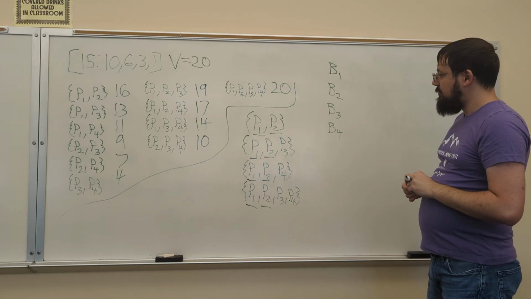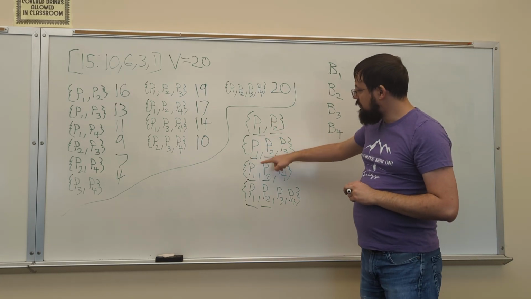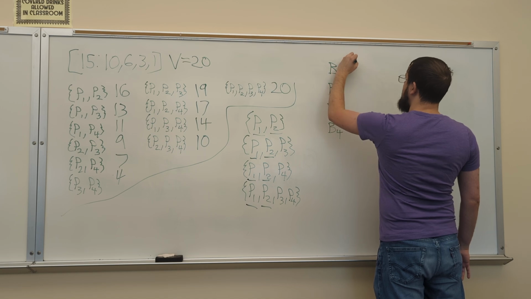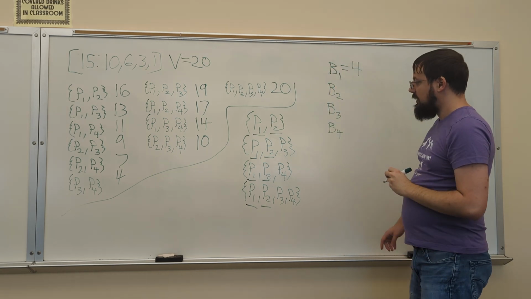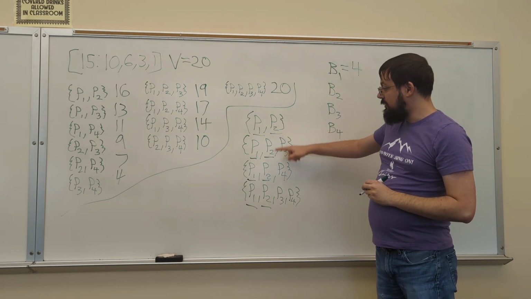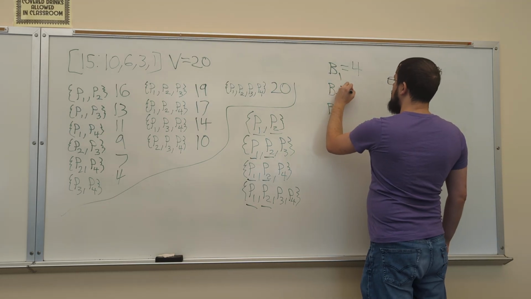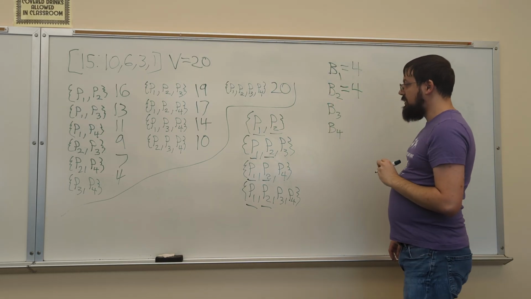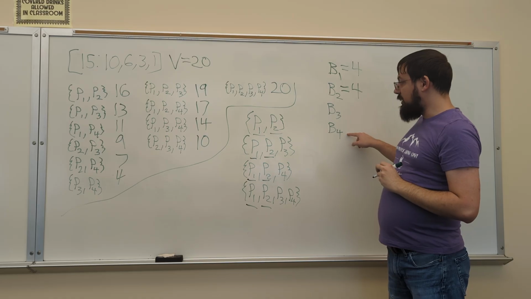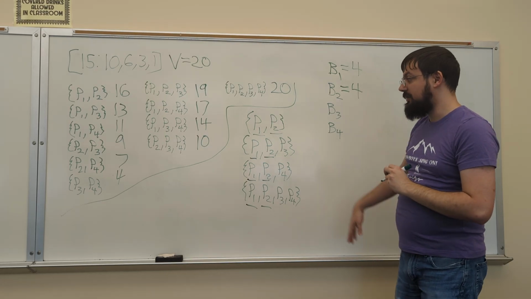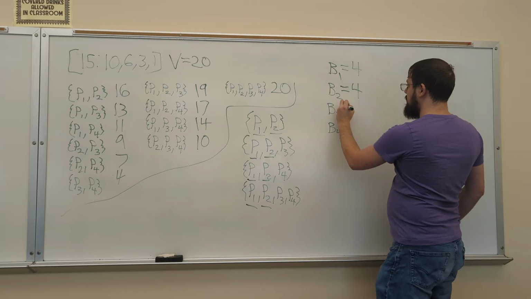So for P1, we have 1, 2, 3, 4 times that P1 is a critical player. So that would be a critical count of 4. Same thing for P2. We have 1, 2, 3, 4 times that P2 is a critical player. B3 and B4 are both going to be 0 because P3 and P4, in all of the coalitions that they're in, are not critical players.